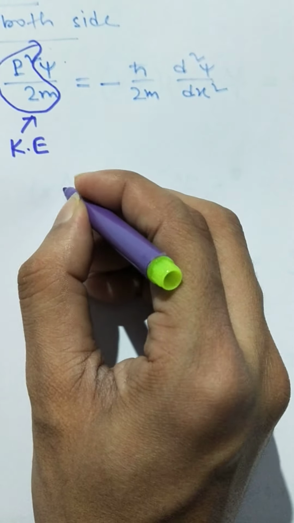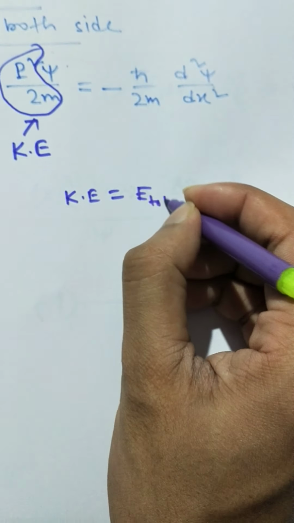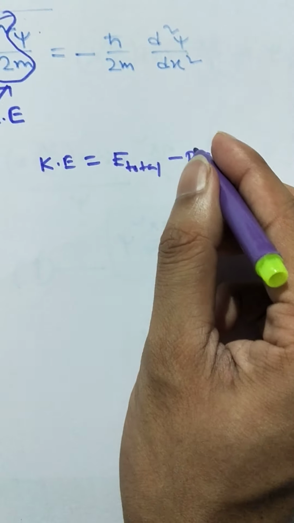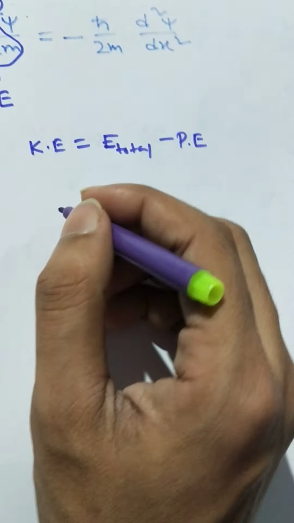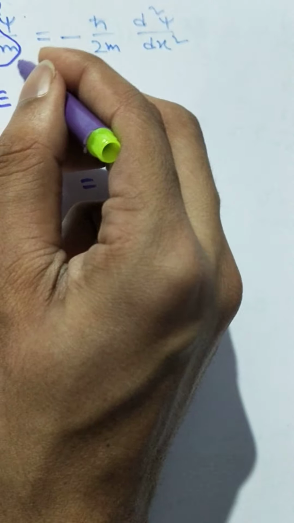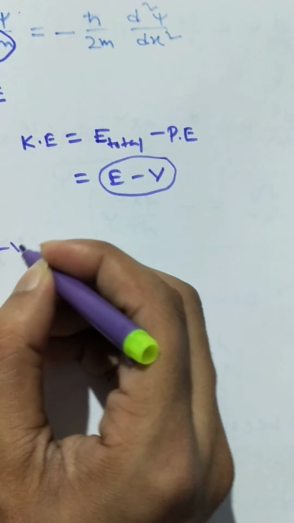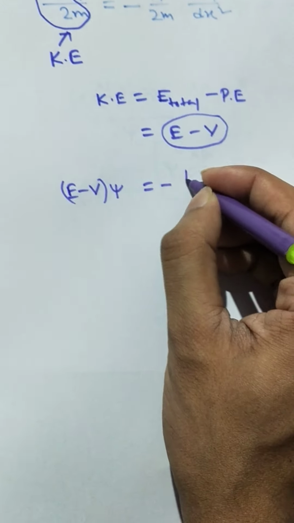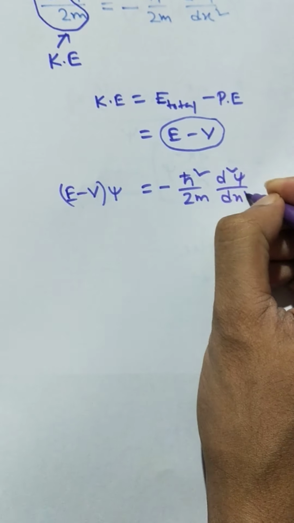We know that the total energy equals kinetic energy plus potential energy. So kinetic energy equals total energy minus potential energy, so E minus V. Instead of kinetic energy, we put the value E minus V. Now E minus V into psi equals minus h cut square by 2m d2 psi by dx2.